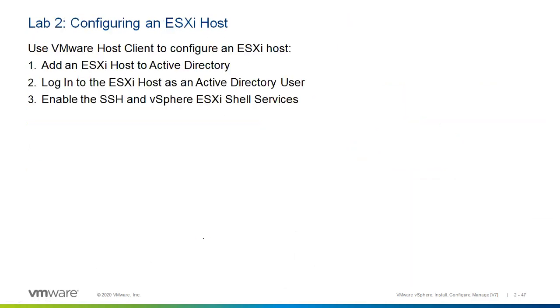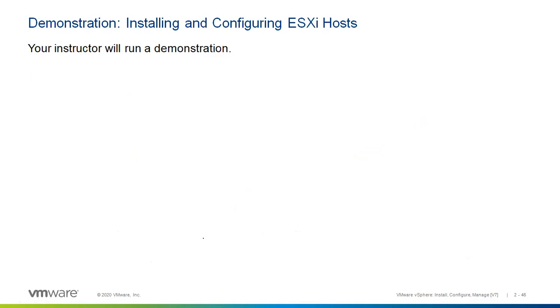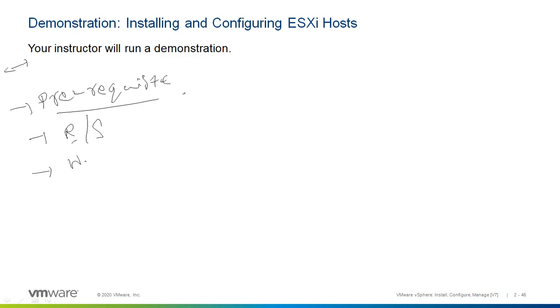Well, here is a small demonstration that will help you install the ESXi operating system. But before that, there are a number of things we have to keep in mind if we are going to install any ESXi hypervisor. Just assume a scenario: a customer has a data center. From a prerequisite perspective, first of all, we need to validate that my ESXi racking and stacking is done properly, and networking is done properly.